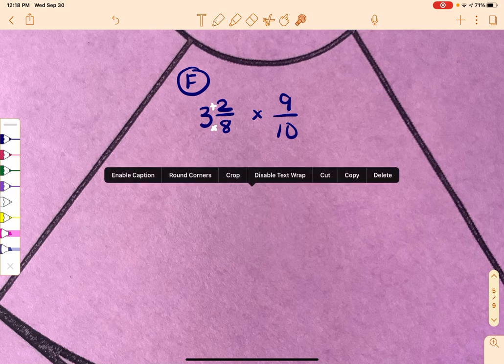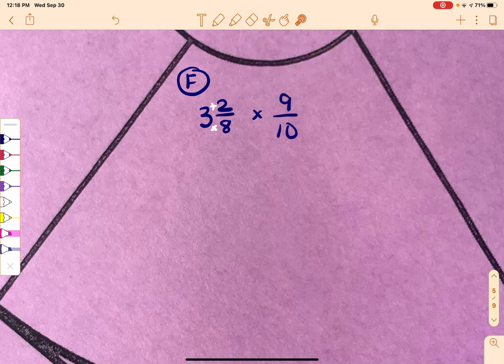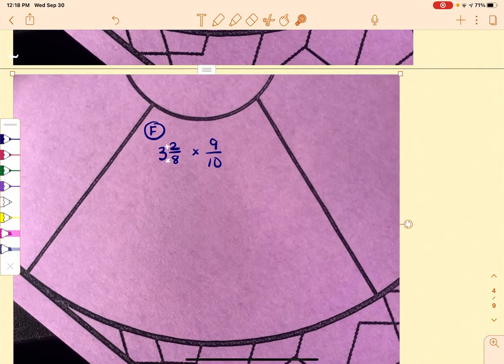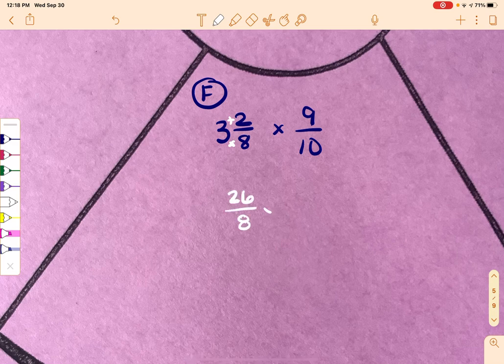So you'll notice I put my multiplication sign there and my add there. So 8 times 3 is 24, plus the 2 on top is going to be 26. So 26 over 8. And then since the other one is just a fraction, I'm going to bring it down just the way it is.